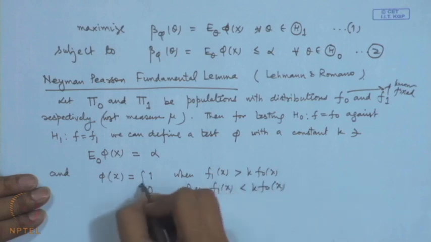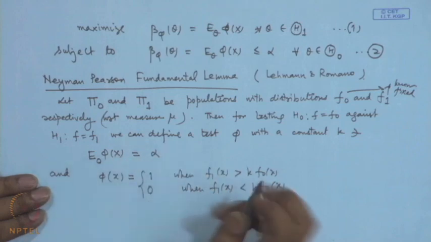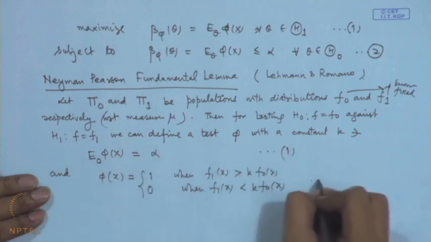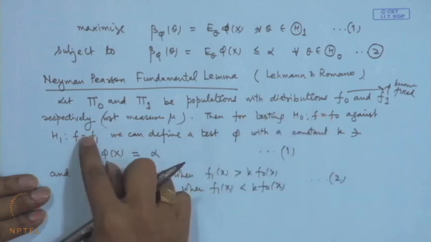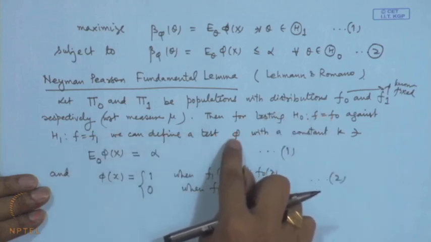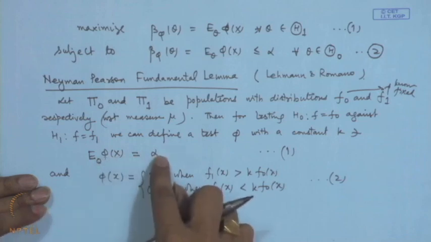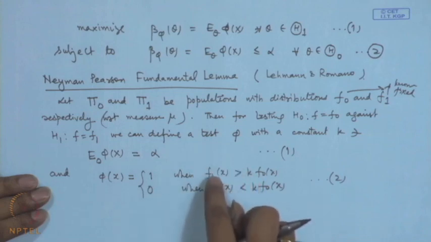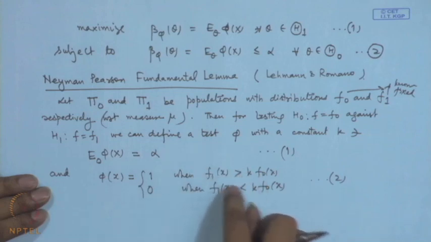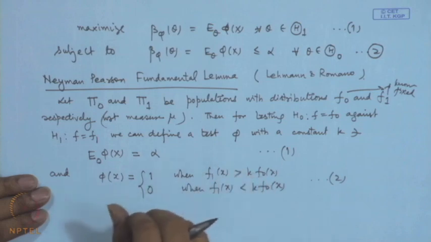So, I have not included the equality here, that part we will be defining in the proof, that for testing a simple versus simple hypothesis case, we can devise a test function which will achieve the exact level of significance or exact size, and the form is of this, that is if f 1 by f naught is greater than k or f 1 by f naught is less than k.